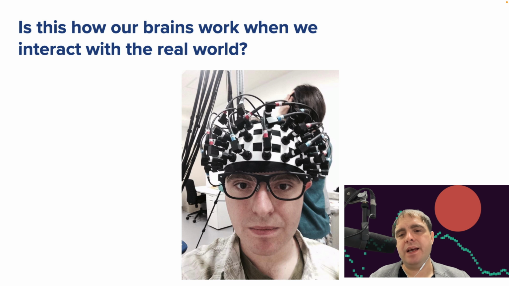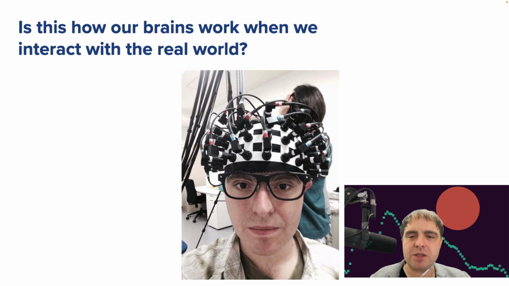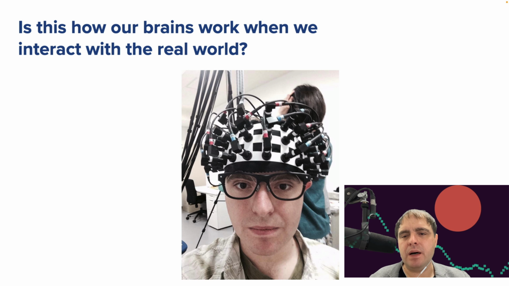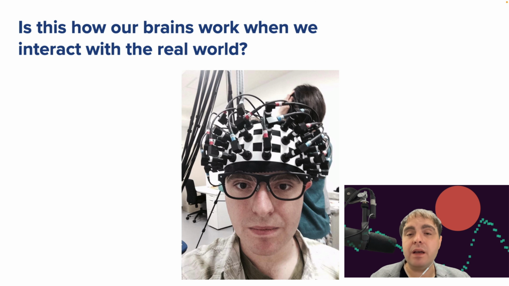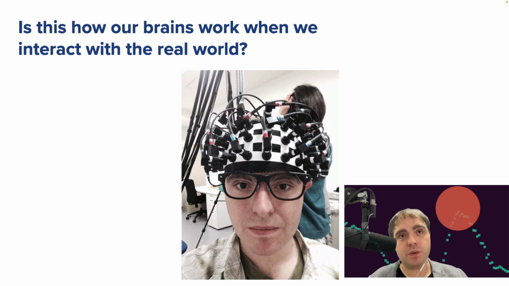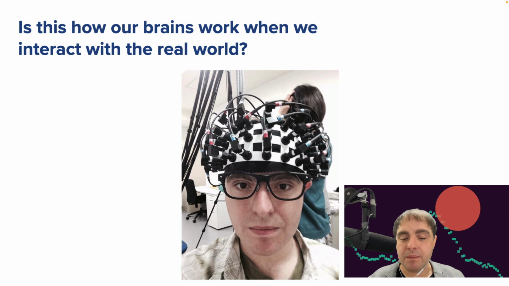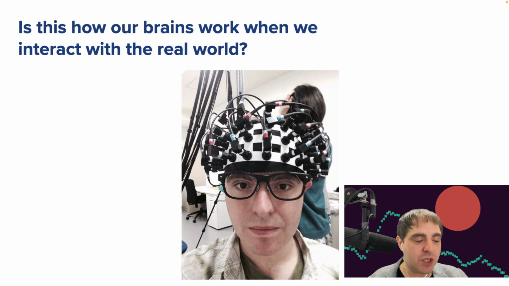Here you see an fNIRS, a near-infrared spectroscopy, that gives you detailed information about cognitive load in your brain. There's EEG and fMRI that give you also detailed information about the electrical potential of the brain, or also magnetic imaging.